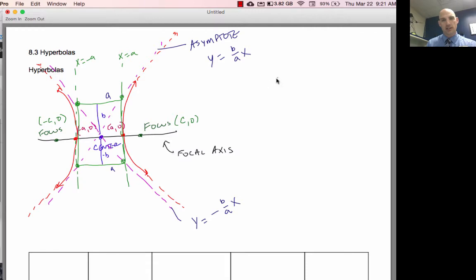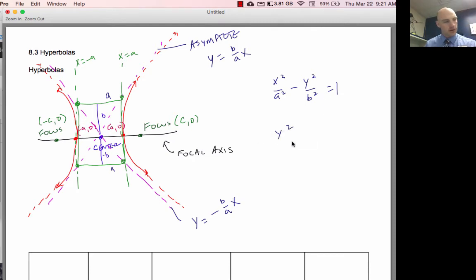My equations can look like this. x squared over a squared minus y squared over b squared equals 1. Kind of like an ellipse, they're equal to 1.